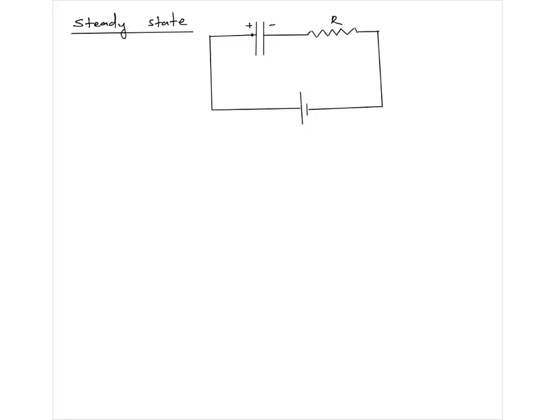We will be doing transient state analysis also for capacitors, and when we do transient state analysis, then we look at the time. How much time does it take for the capacitor to build this much charge, etc.